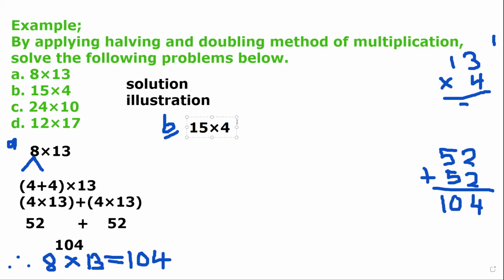We have this number, which is 15 times 4. So the 15 times 4, you spot or you identify the even number here. And then the even number here is 4. So you find the half of 4. And the half of 4 is what?